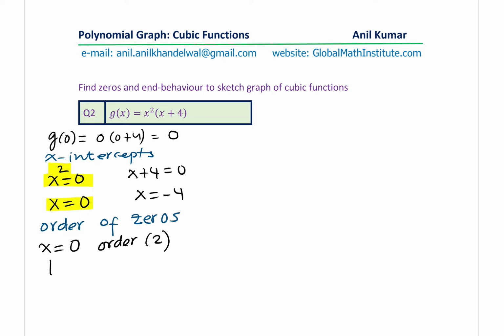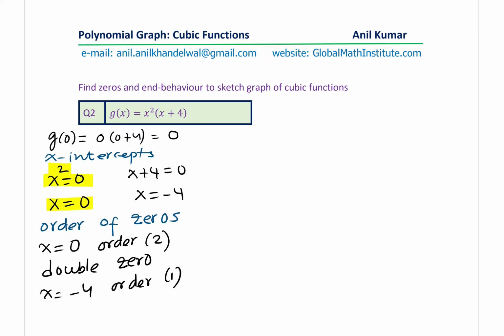We also say double 0, or the multiplicity is 2, right? But at x equals minus 4, the order is 1. I'm writing in brackets since I want to show it in the graph.